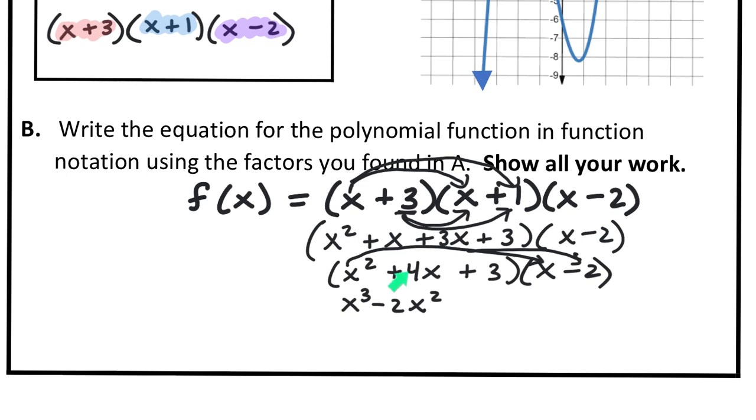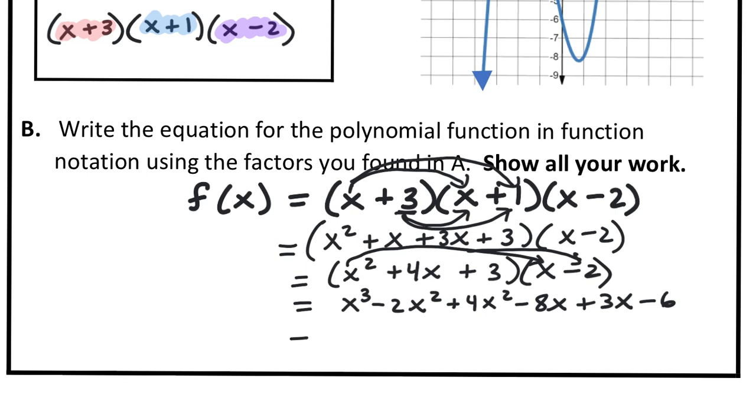Then we're going to do 4x times x, plus 4x squared. Then 4x times negative 2. That's negative 8x. Then 3 times x, it's positive 3x. And then 3 times negative 2, it's negative 6. Equals.